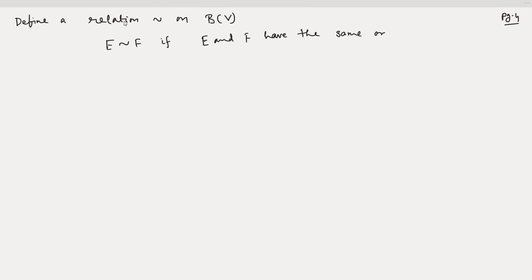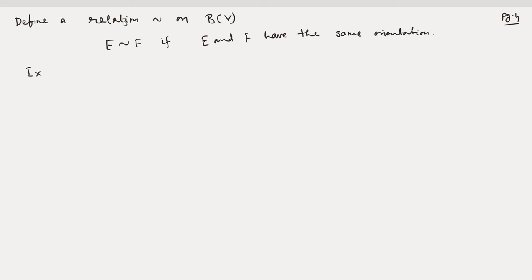Okay, so here we define a relation on the set B(V), that is the set of all ordered bases of the finite dimensional real vector space V, by the following: E is related to F if and only if E and F have the same orientation. Okay, so this is a relation on B(V).